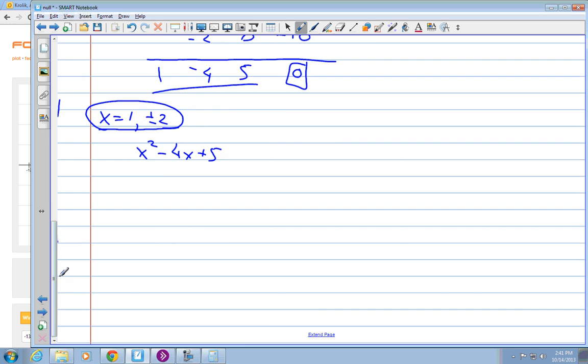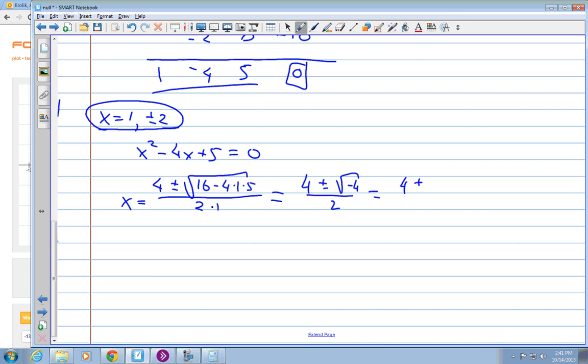If that was the question, I set it equal to 0 and use the quadratic formula: 4 plus or minus the square root of 4 squared, which is 16, minus 4ac, over 2a. So yeah, it produces imaginary, negative 4 over 2.